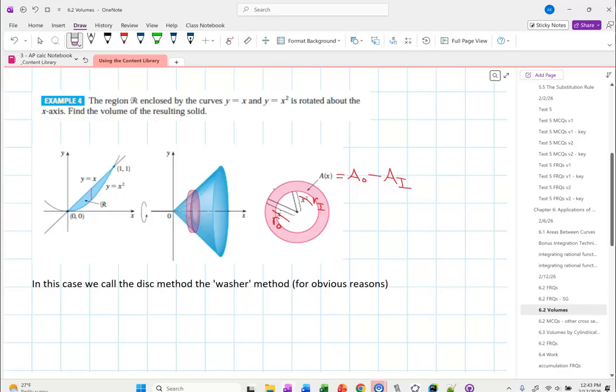Okay. Let's erase some of this stuff. I'm going to use this picture because it's a little easier to see the radius on. If I pick some arbitrary spot on the axis of rotation, that's where my radius originates from. Here we're told the axis of rotation was the x-axis. My inner radius is going to go to that inside function.